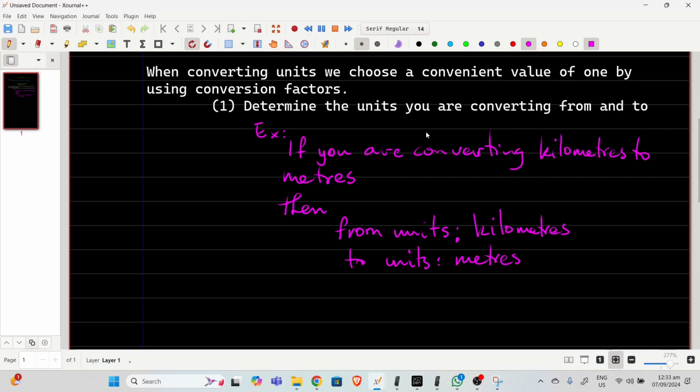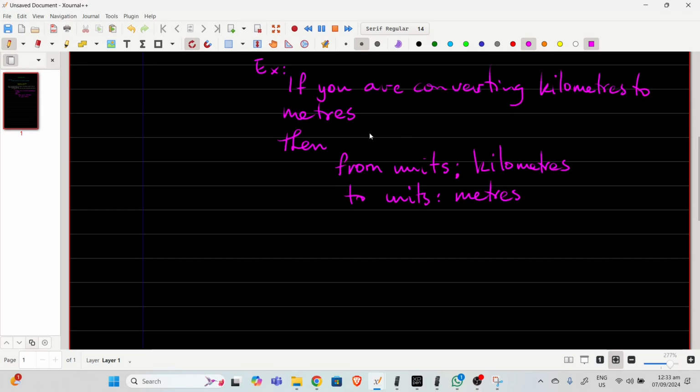So we identify what we're converting from and what we're converting to.